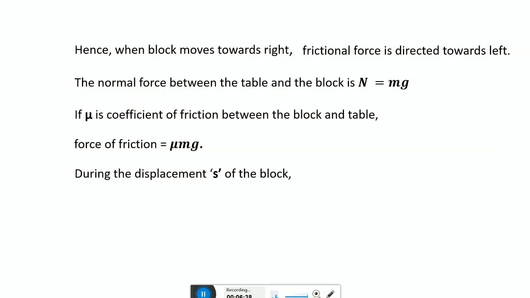During the displacement S of the block, the work done by the force of friction is equal to minus mu mgS, by applying the basic definition of work done, which is force times displacement. The negative sign shows that the frictional force always acts opposite to the direction of motion of the block.